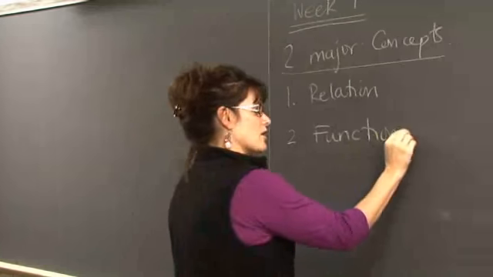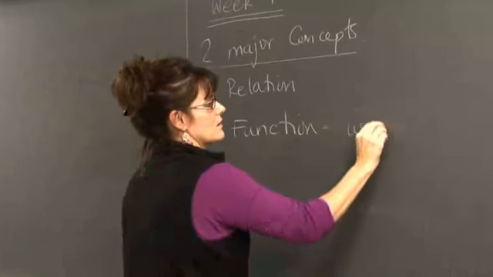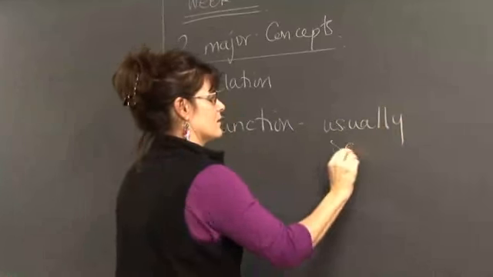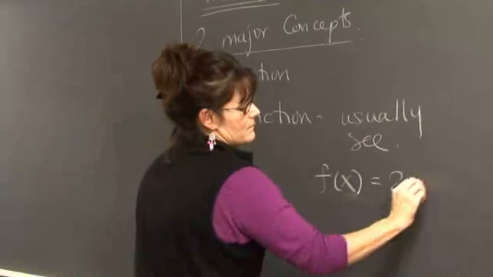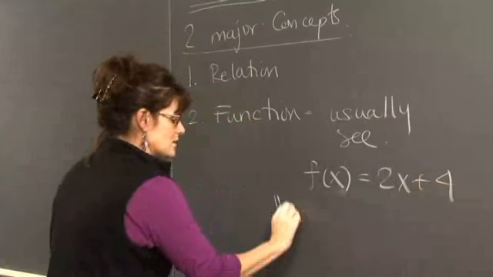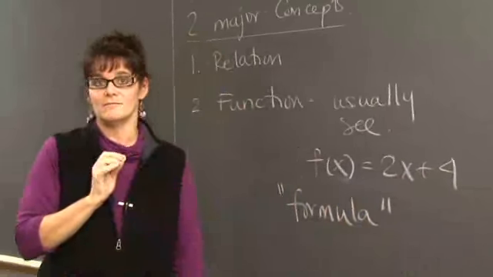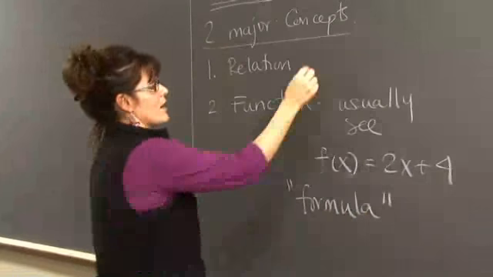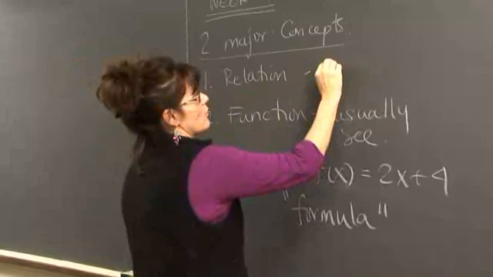But a student's first exposure to a function usually comes like this. So students tend to think function means formula, some formula. Whereas a first exposure to relations is usually in the form of an equation.